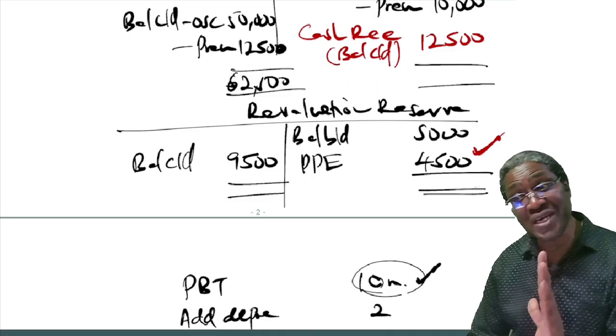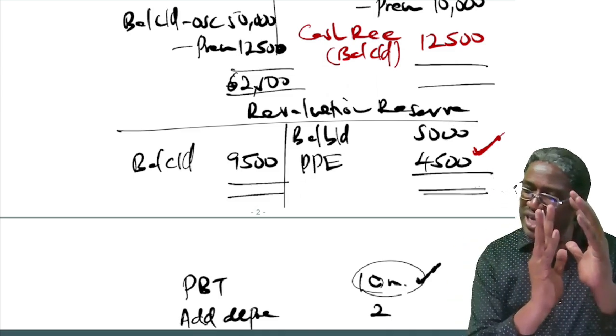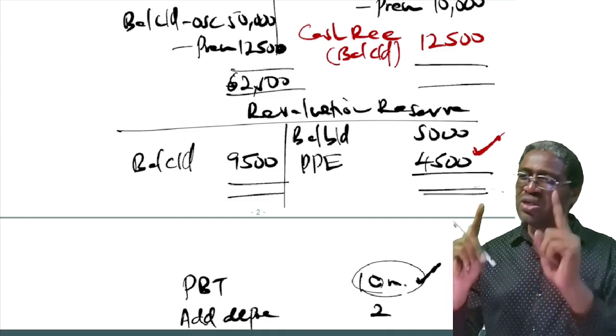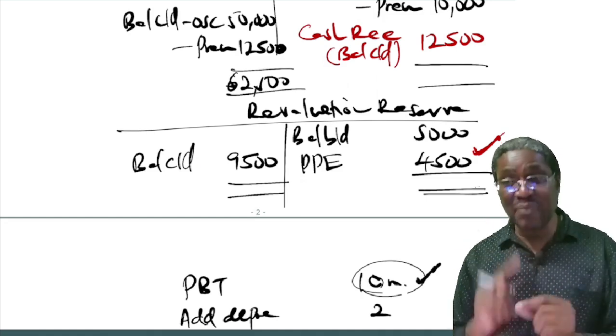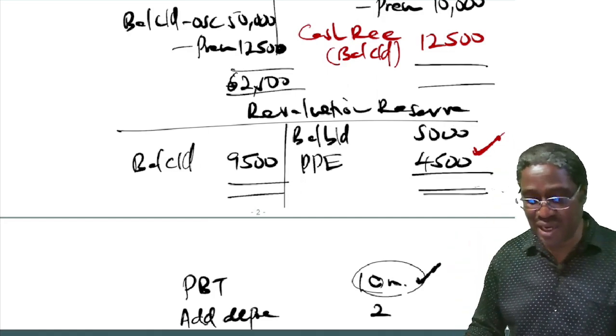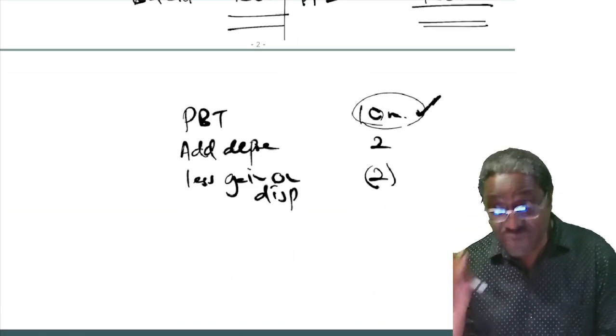It doesn't go through the P&L. So this 4.5 million, the double entry being debit asset, credit revaluation reserve, did not affect the P&L. So because it doesn't affect the P&L account, it will not affect the non-cash items in the cash flow.